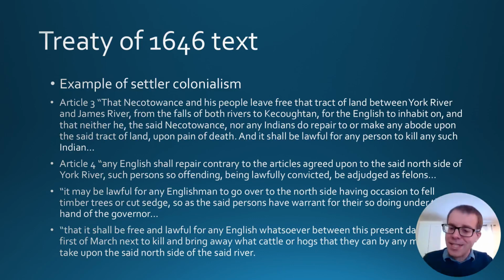And this will set a sort of key pattern, not only for the English throughout Eastern North America, but also for the United States, that will adopt the same sort of view that often doesn't consider Native peoples as citizens of the United States. And we'll talk about that later on in this class.